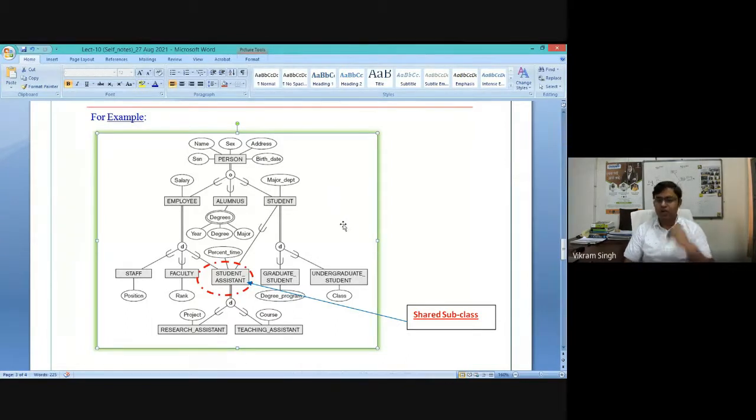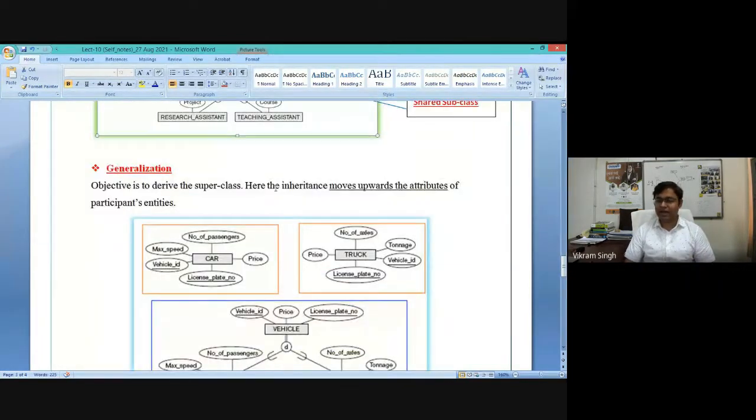Now, going forward, the next property is a generalization property, right? And this is a second scenario for which we need to perform this design of enhanced ER diagram. So generalization property says whenever we have two similar entities, when I say two similar entities, I mean these two entities will have similar kind of attributes.